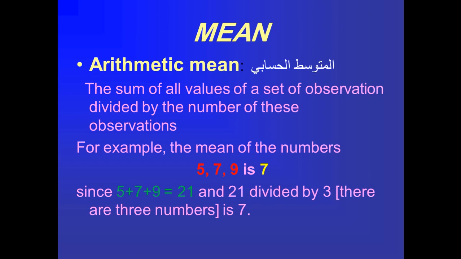And we have to divide this 21 by the number of these numbers. We have only three numbers. We divide the 21 over the 3, it will be 7. So the mean here is 7 only.